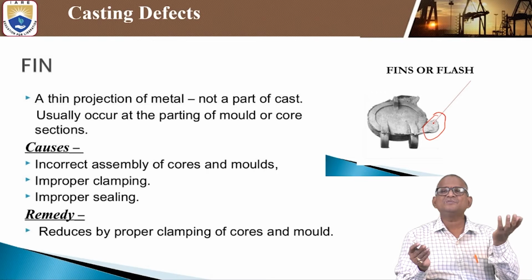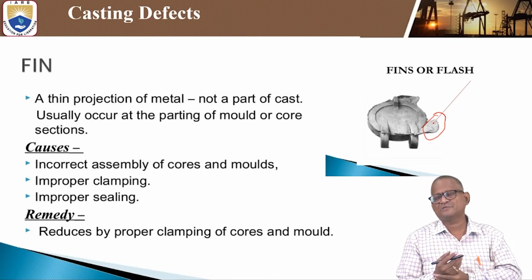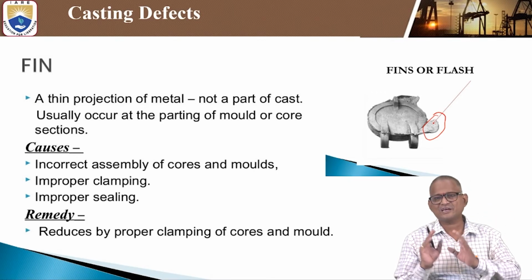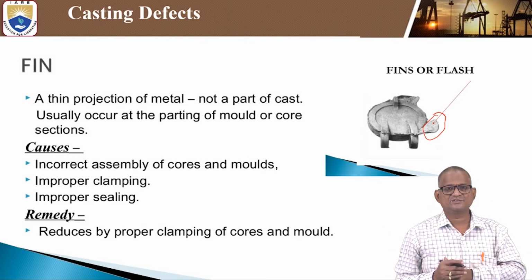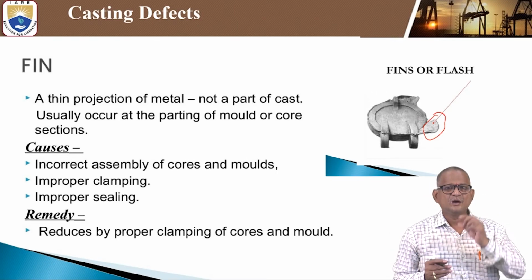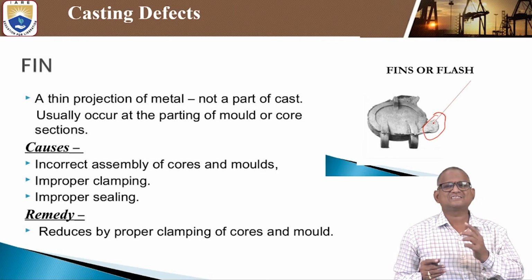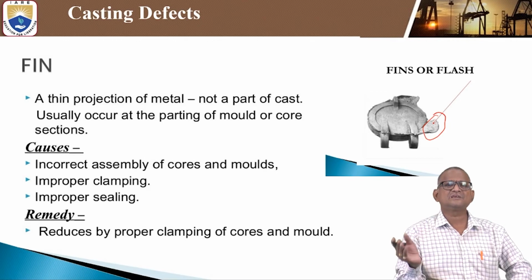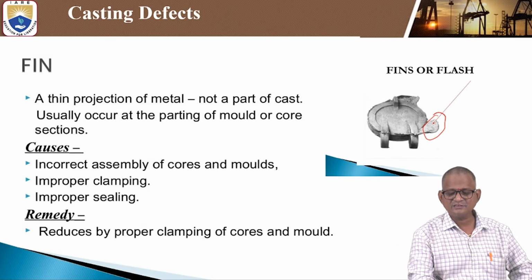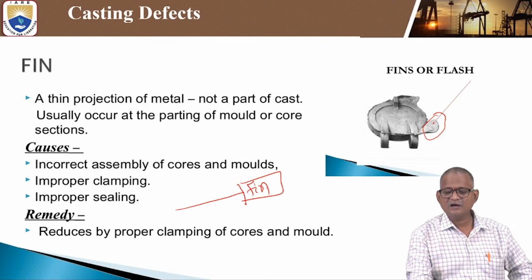Sometimes it can be removed with an extra finishing process, but sometimes the customer cannot accept this type of defect. Usually this occurs at the parting of the mold or core sections, whenever making hollow portions. Here you can see the cause and effect diagram for the fin, or flash, defect.